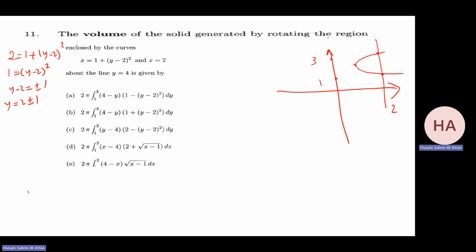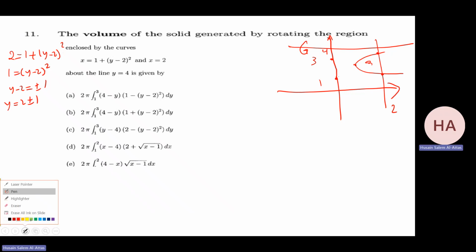And I want the revolution about the line y equal 4. That will be my axis of revolution. I'm talking about this region. Okay, so I'll do my line parallel to this axis of revolution, which is this one.